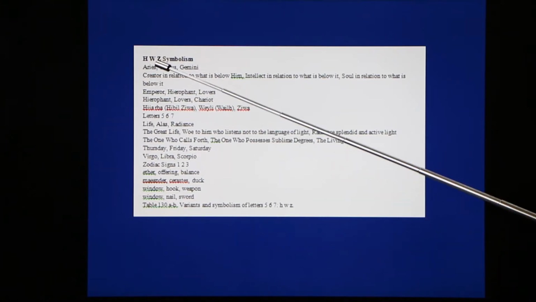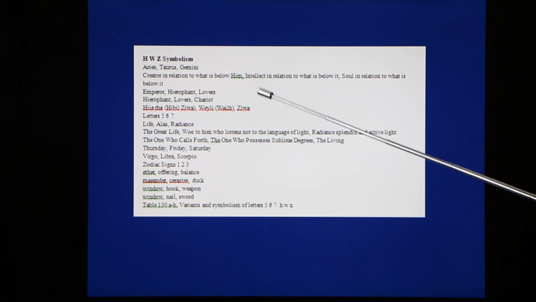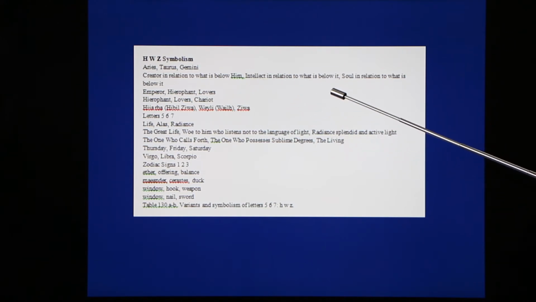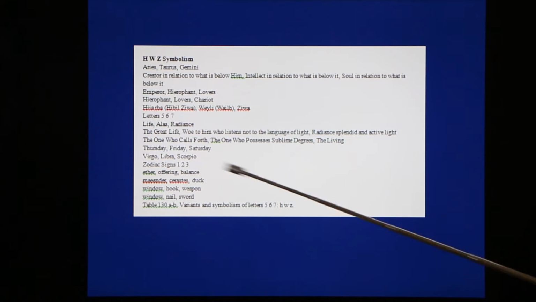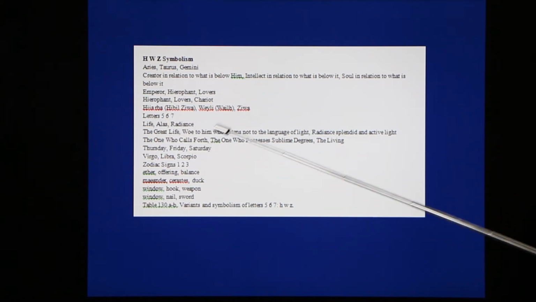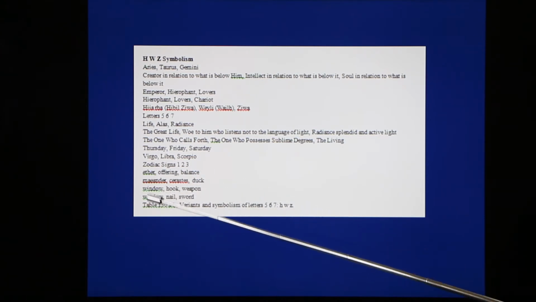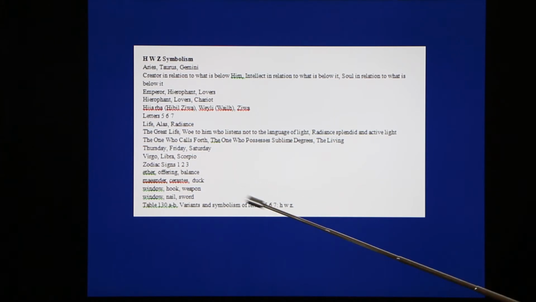And again, meanings: Aries, Taurus, Gemini, Creator in relation to what is below him, intellect in relation to what is below it, soul in relation to what is below it. Emperor, Hierophant, lover, life, radiance, ether, offering, balance, duck, window, nail, sword.